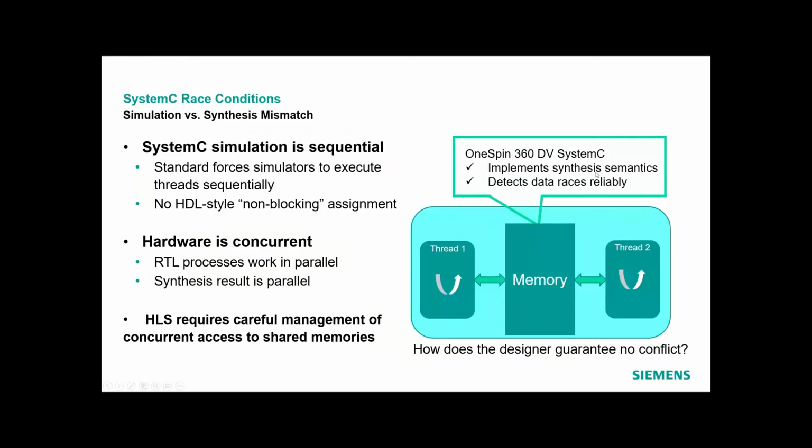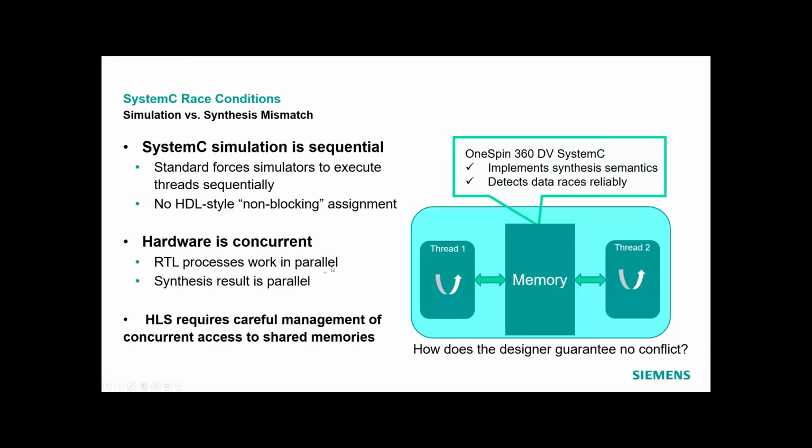Okay, as I said, SystemC races. These races can also be potential sources of X, like write or read-write races. The SystemC simulation is purely sequential. The standard forces the simulator to execute threads sequentially, but the hardware is concurrent.